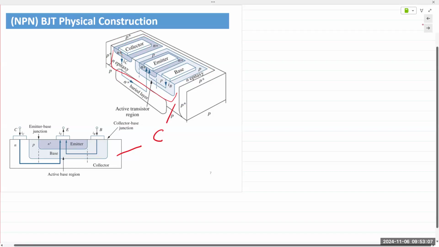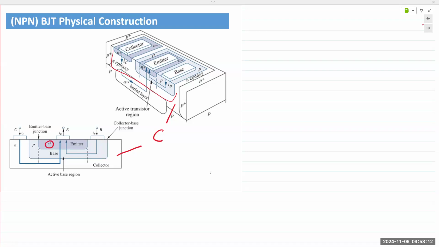Now, you see that the emitter is labeled as N plus. The plus means it is highly doped compared to the other two regions. Sometimes you might also see an N plus, a P, and an N plus plus. All it's showing is the varying levels of doping.